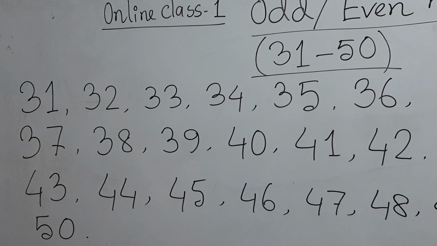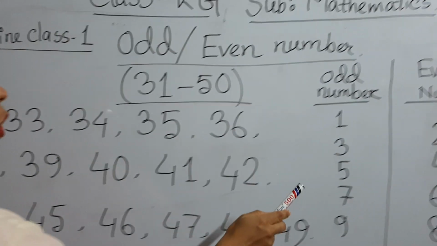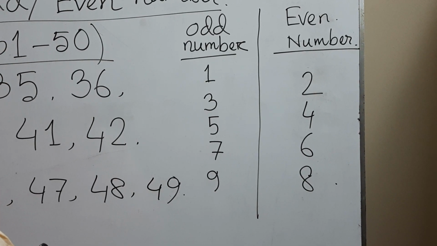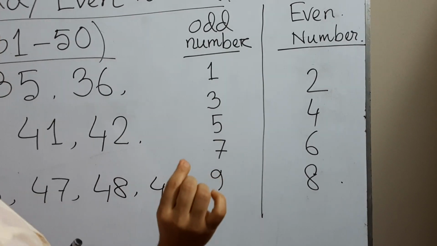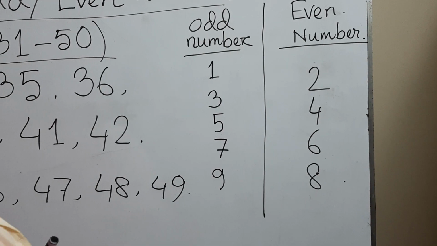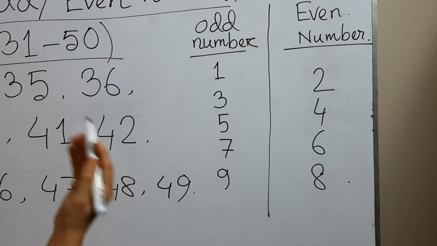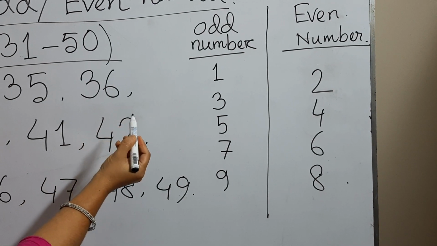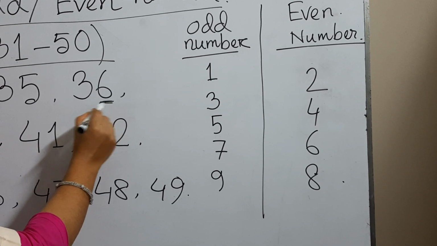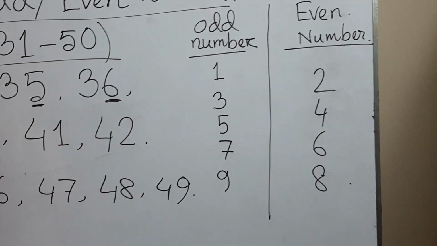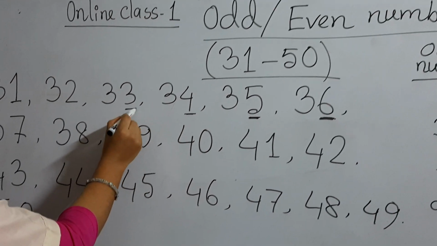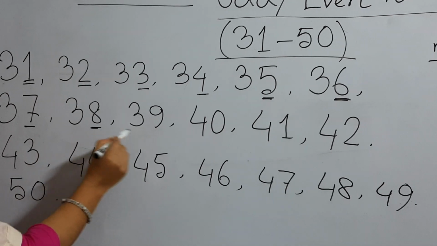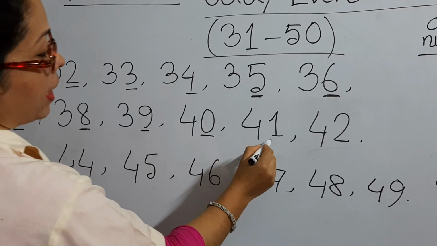To make it clear, I have written here. If you see the last digit, in place value it is called the ones place. That is the last digit.